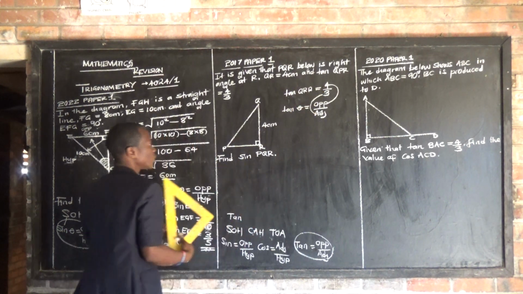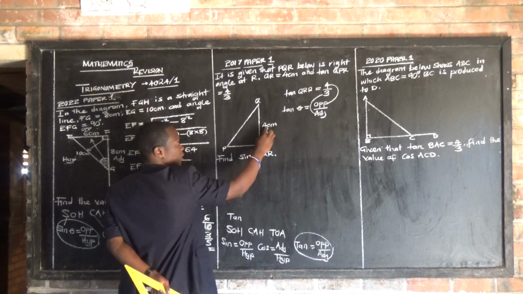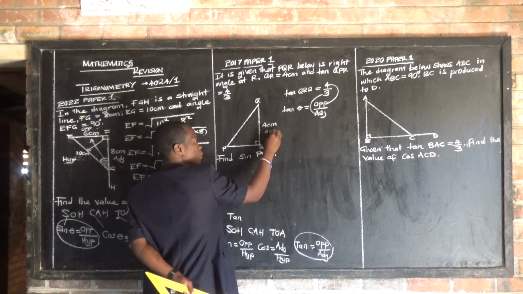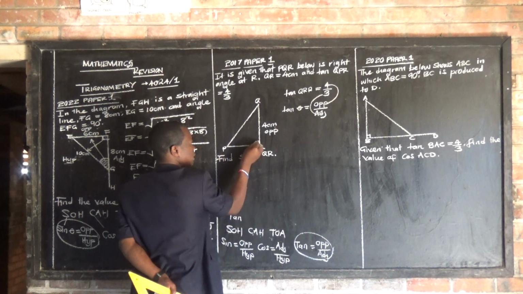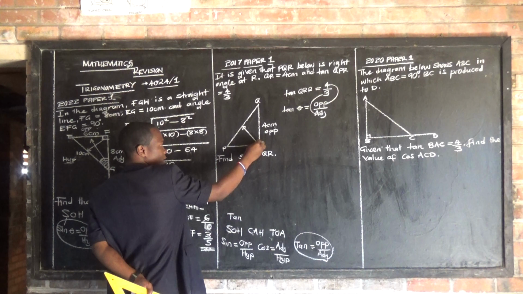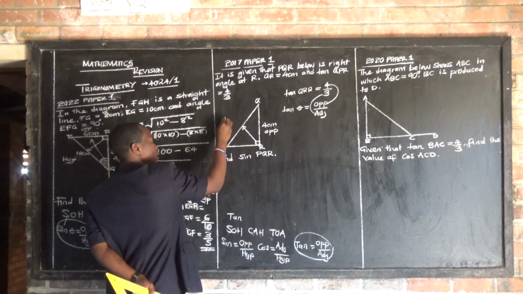So now, take note, 4 is our opposite. Are we together? Then this is our hypotenuse. Take note, if this is 90 degrees, the side opposite to 90 degrees is the hypotenuse.